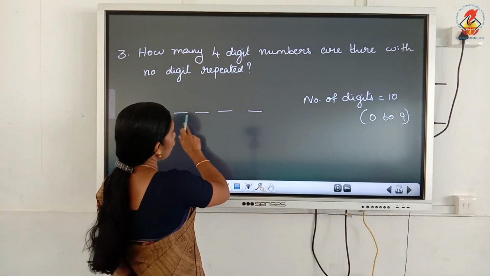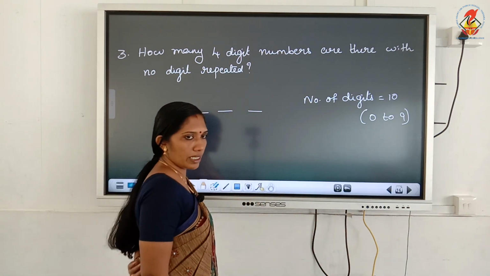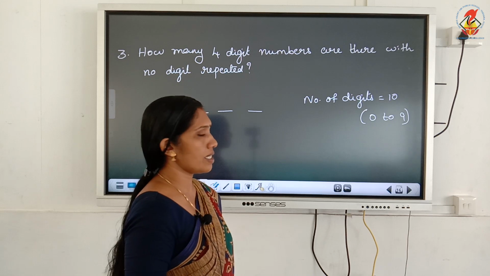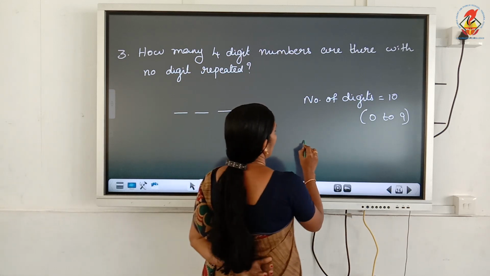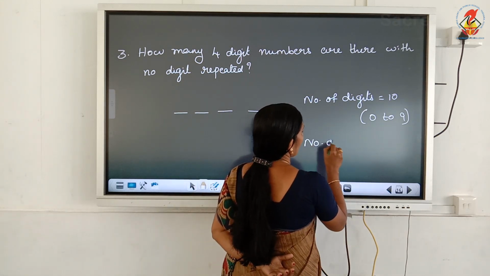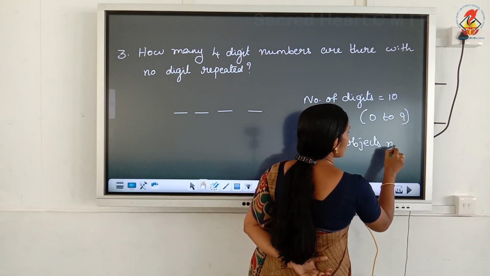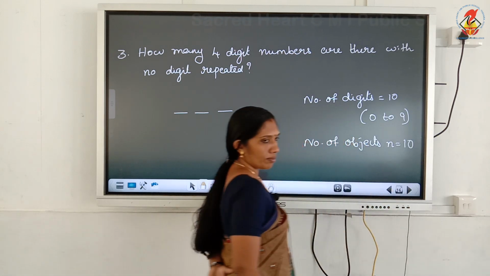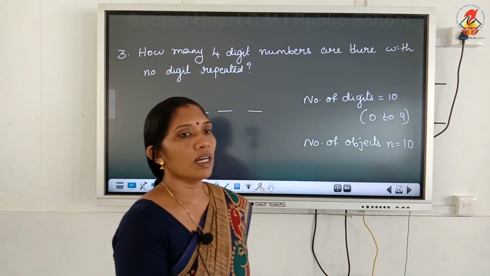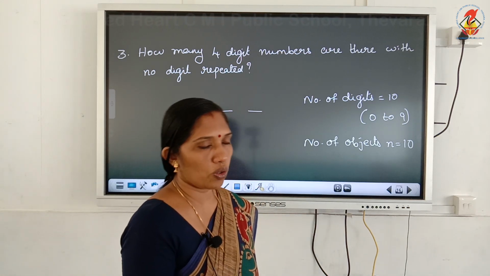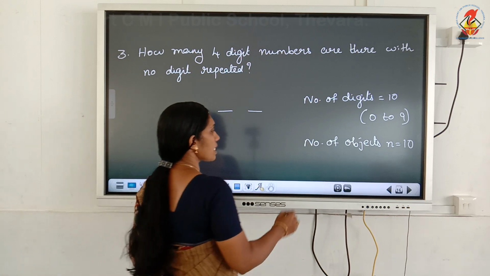And we have 4 places, isn't it? So the number of objects, that is n, is equal to 10. And we can use only 4. That 4 means r.